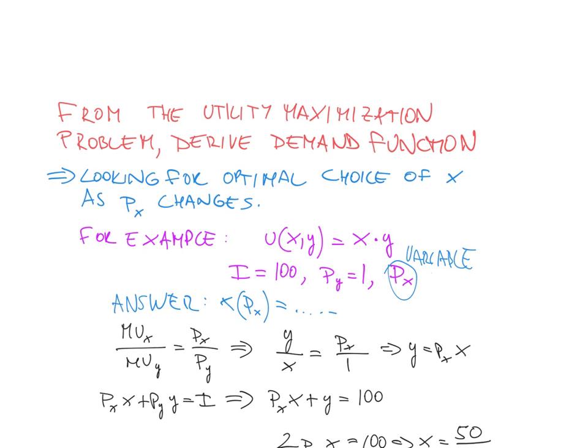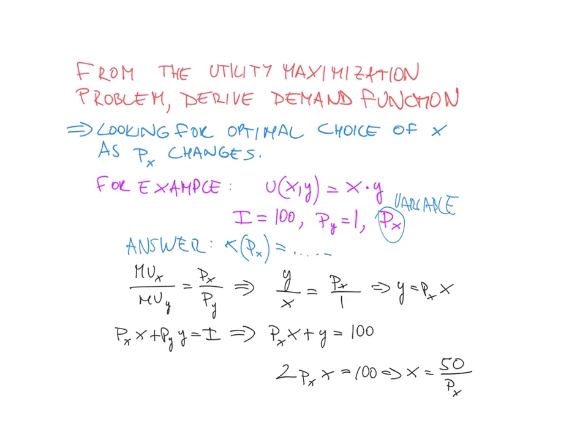We use that, and if you solve for y, you simply get y equals px times x from there. Notice that when I substituted the prices, of course I left px as px because it's a variable. So that's one equation we use. What's the other equation? Yeah, the budget constraint would be the other one.